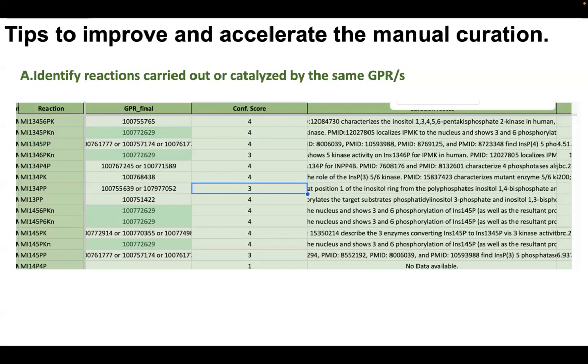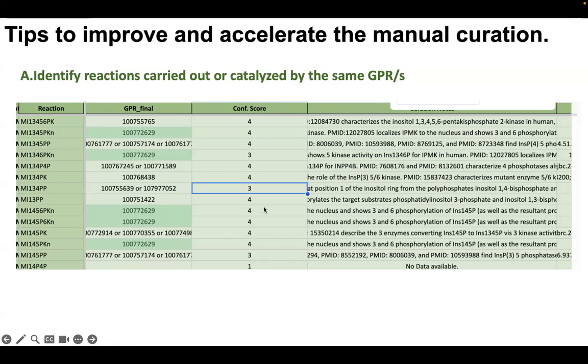If you can corroborate that the metabolites in these reactions also participate in the description that you observed in RIA, or if this GPR participates in many similar reactions, once you make sure that your metabolites are okay, you can basically copy paste the curation that you did previously.